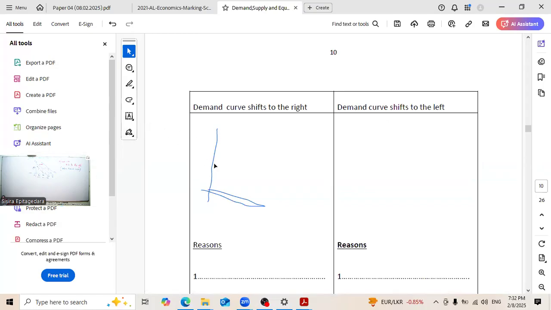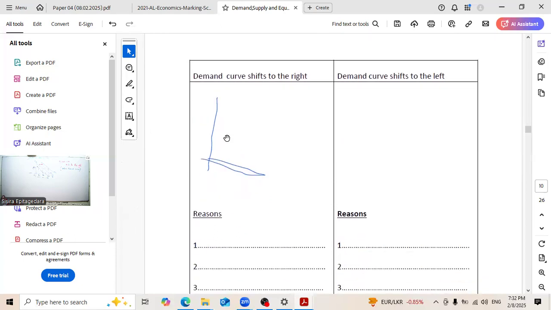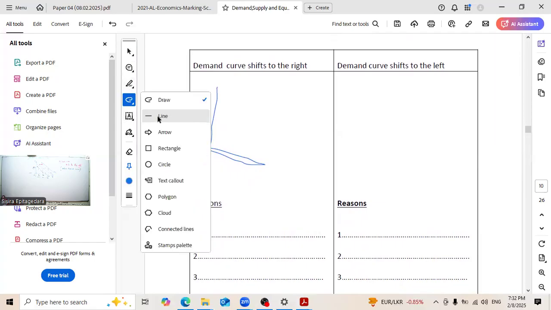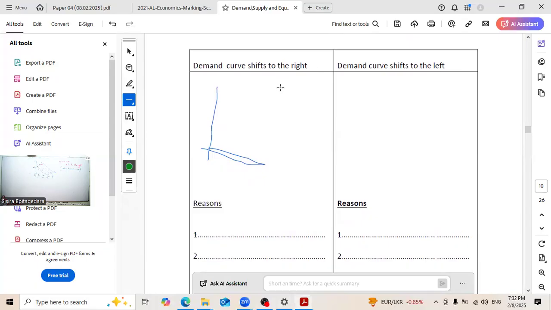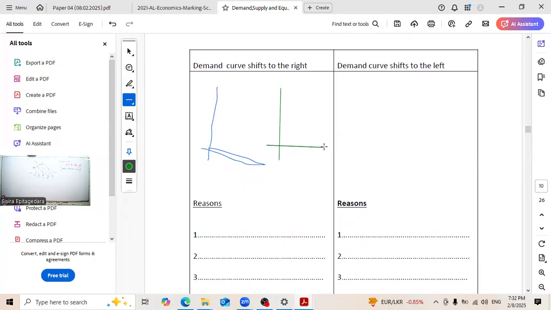Then for the demand curve shifting to the right side, in the first column of your table, draw a demand curve shifting to the right side. Example like this.